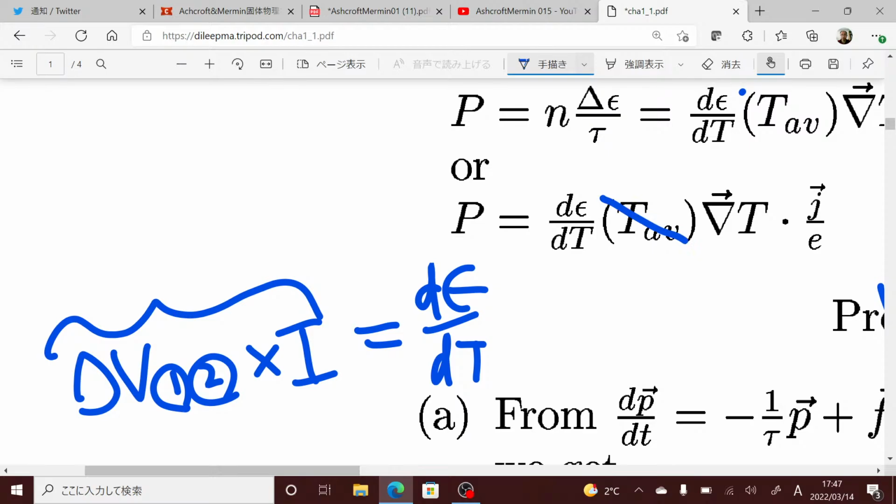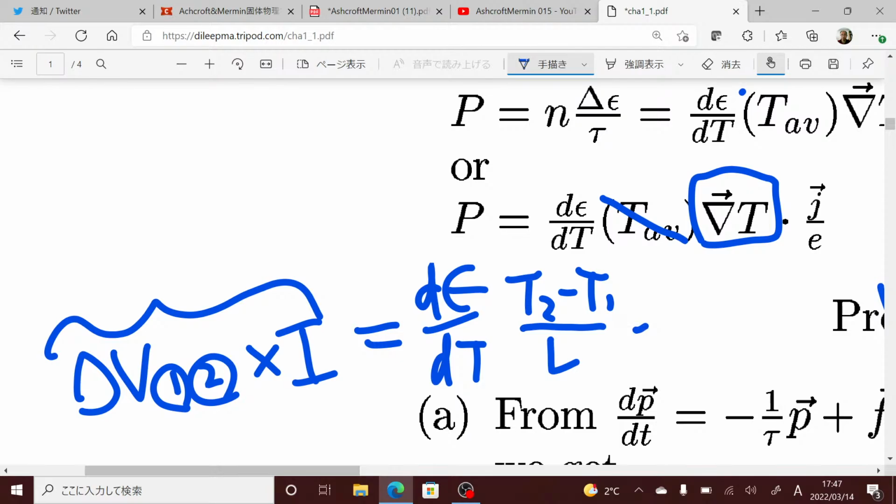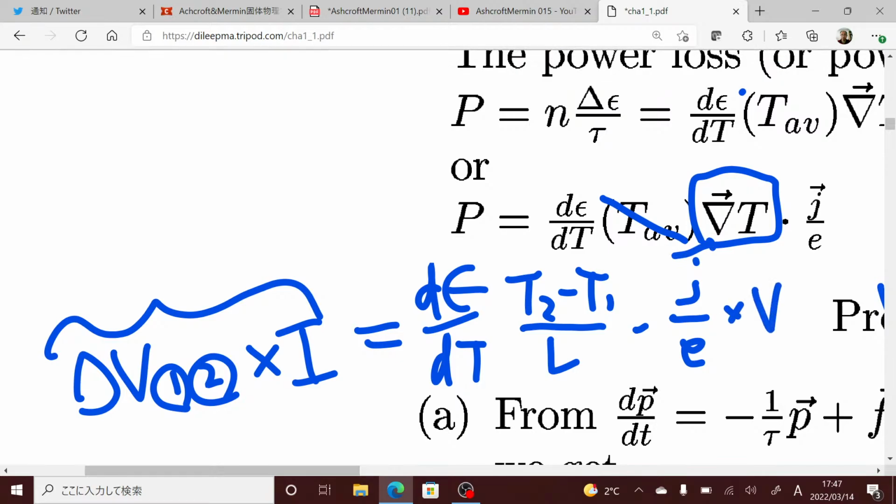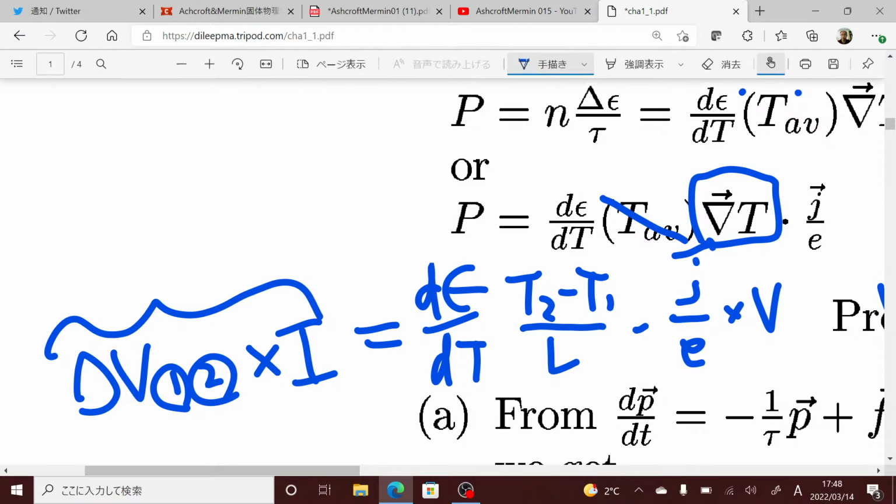Then this thing is like T2 minus T1 divided by L, times E to J, times volume.